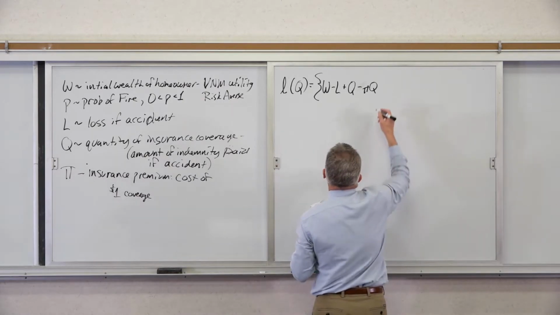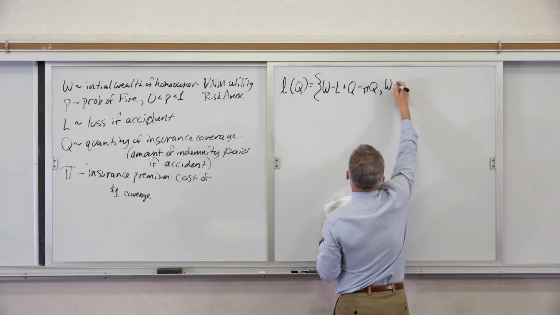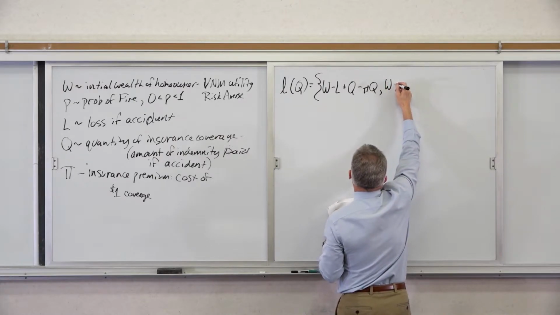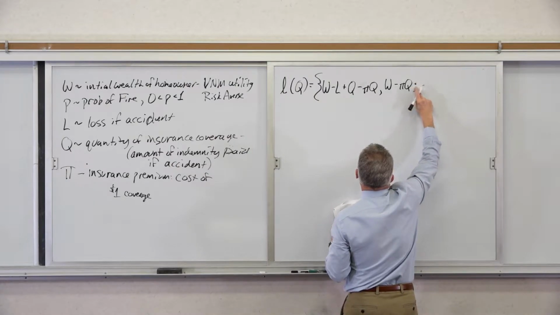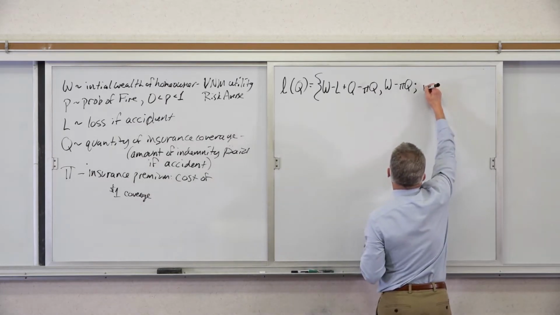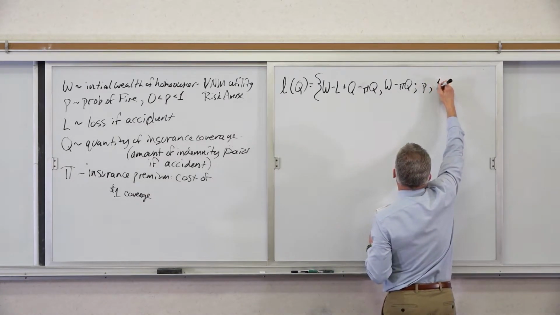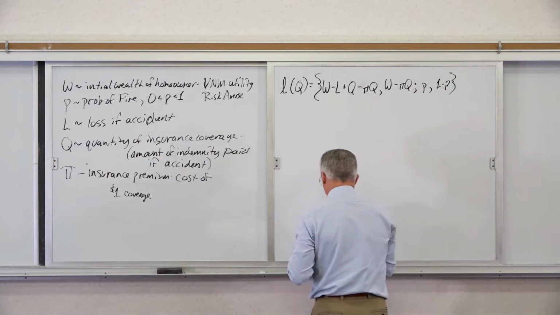The other state is no fire: W, their wealth, minus the cost of the insurance. Then a semicolon, to show that next we talk about the probabilities. The probabilities of each of those states are P and 1 minus P. So there's our lottery.